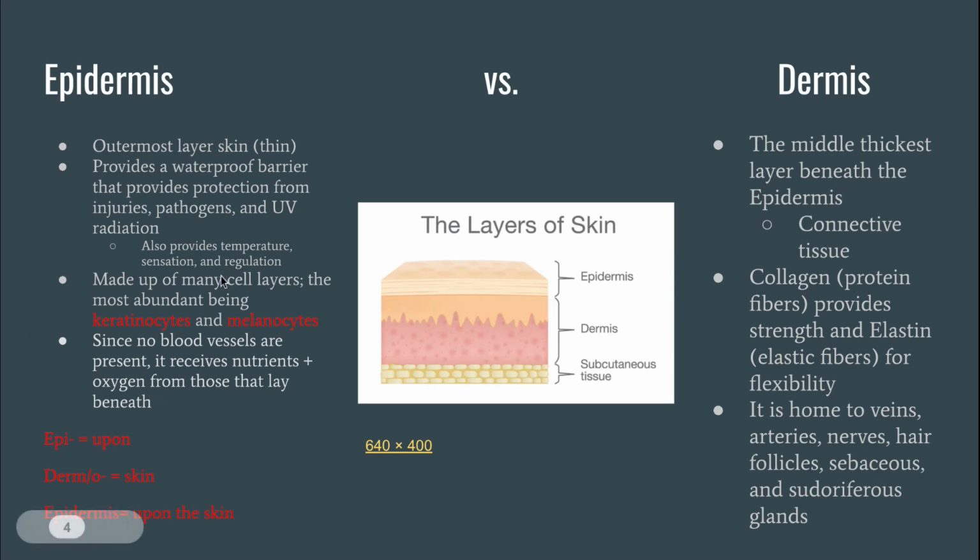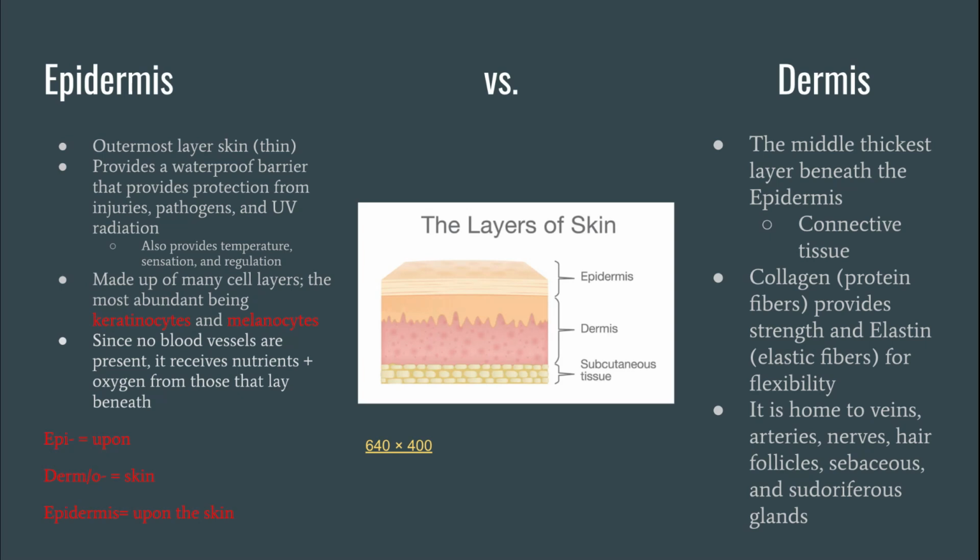You can see in this image here the epidermis and the dermis, how the epidermis is on top and the dermis lays below. Since there are no blood vessels present within the epidermis, in order to retrieve its nutrients and oxygen, it has to grab those from underneath.